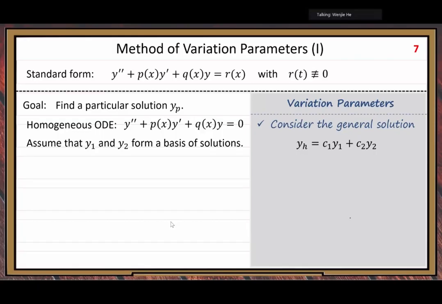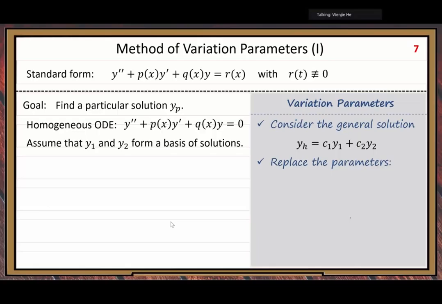So here, there is some important step from this one. Look at the title, variation of parameters.